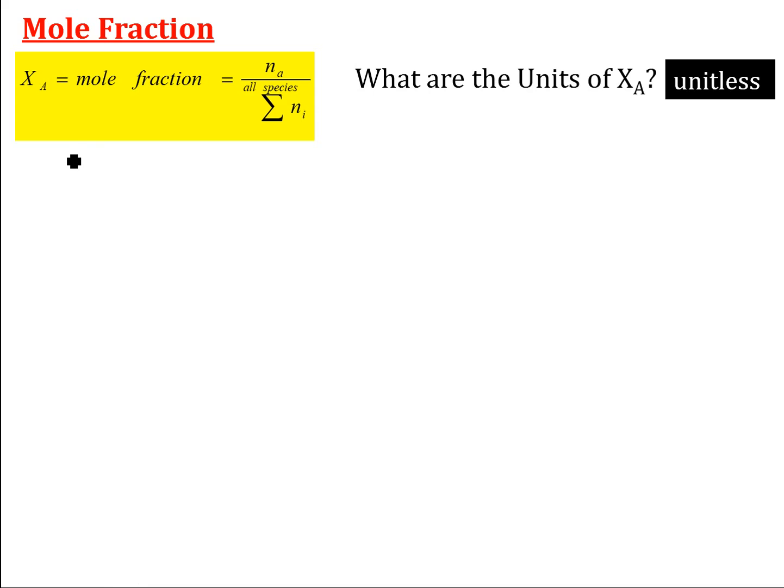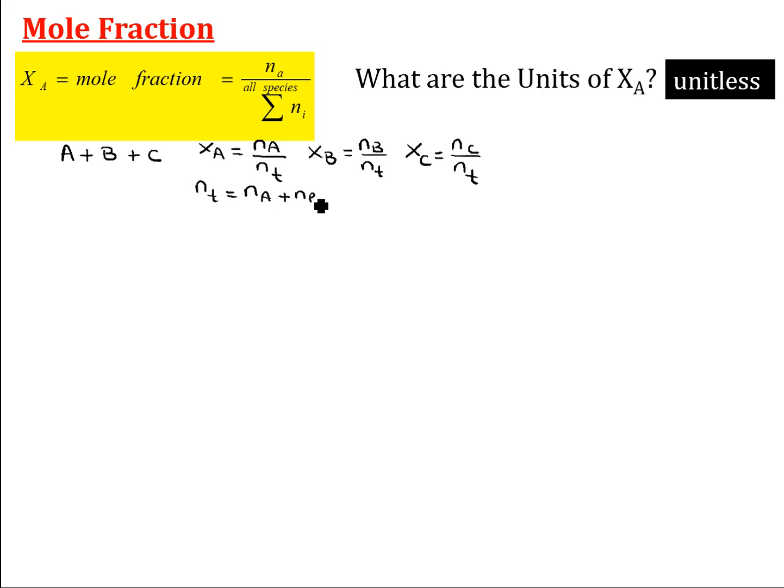Suppose you mix A plus B plus C. So XA equals NA divided by N total, XB equals NB divided by N total, and XC equals NC divided by N total, and N total equals NA plus NB plus NC.